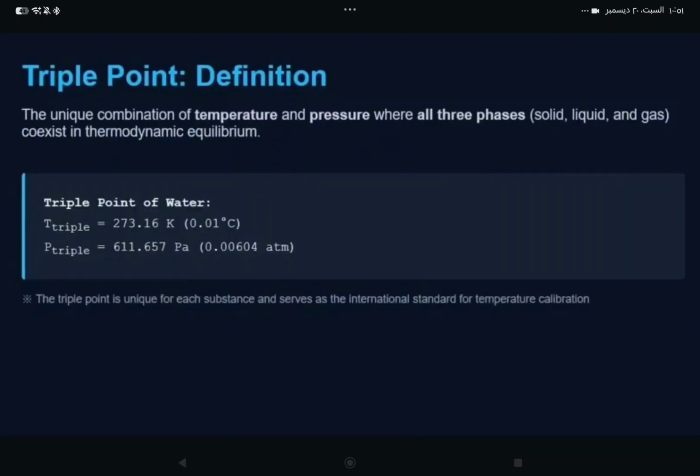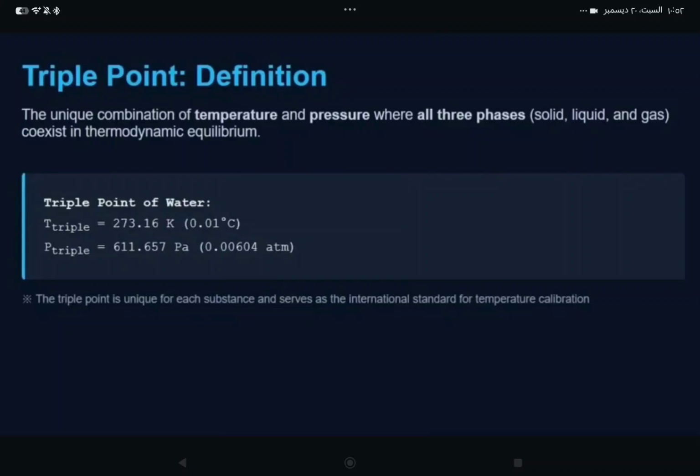Triple point definition: the unique combination of temperature and pressure where all three phases, solid, liquid, and gas, coexist in thermodynamic equilibrium. So we have all three phases at the same point, which is at 273.16 Kelvin.